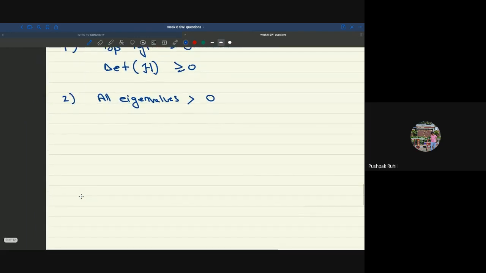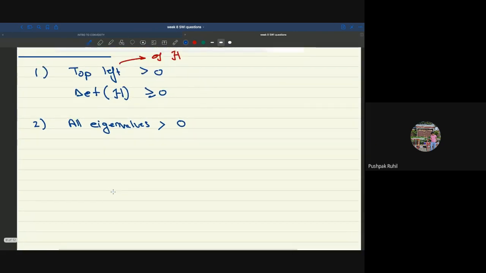But I'm not confident about that test, so I'll refrain from mentioning it as well. Maybe someone can post it on Discourse and I'll explain it there. But these are two tests that can be used to check whether a function is convex or not.